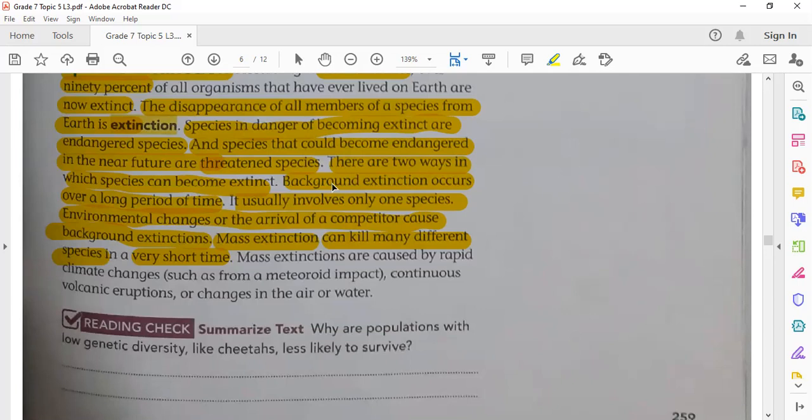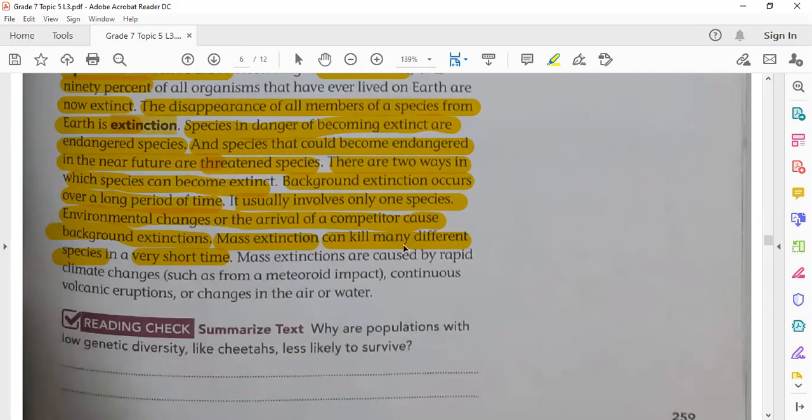Osama, why is it background? Because it is for one species. Okay? Background extinction occurs over a long period of time. Dinosaurs became extinct over a very long period of time, and it involves one species. So the extinction of dinosaurs is background extinction.